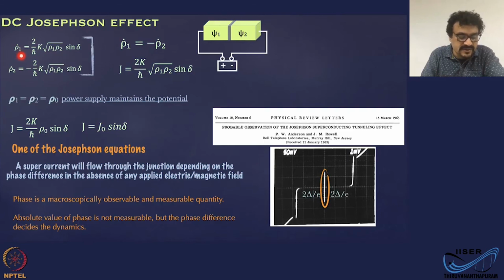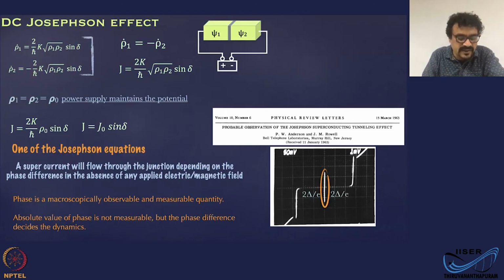Rho1 dot, the time derivative of the Cooper pair density, is 2 kappa by h bar square root of rho1 rho2 sine delta, where delta is theta 2 minus theta 1, and rho2 dot is minus the same quantity.